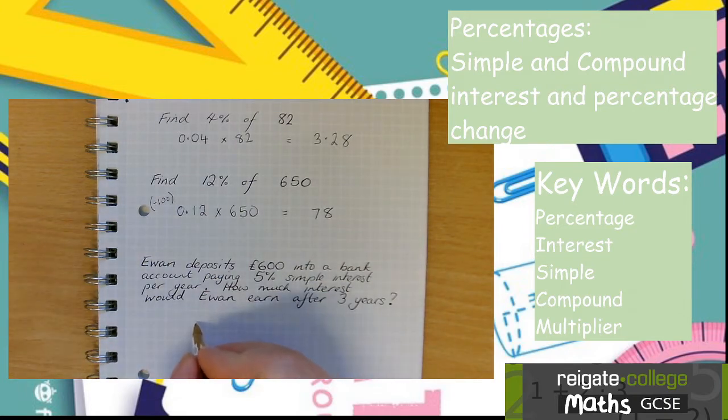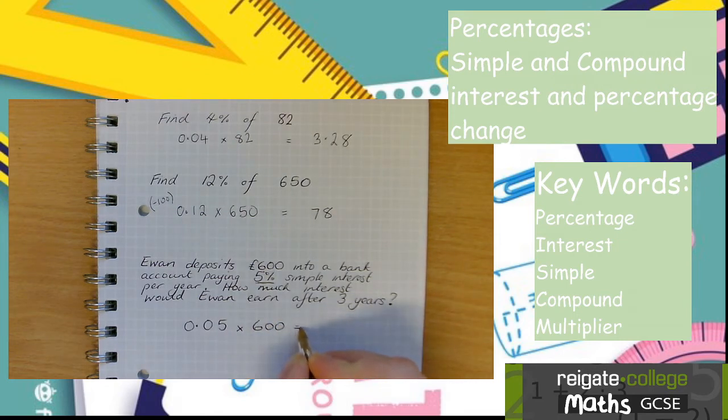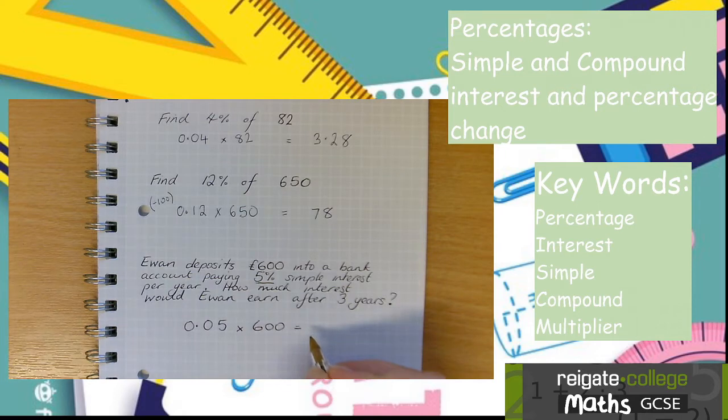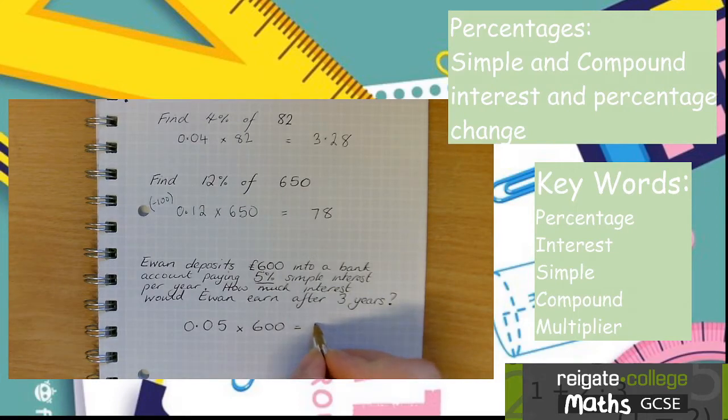We do that by changing our 5% to a decimal and multiply it by the £600 that Ewan has invested. Keying that into our calculator, it shows us that Ewan will earn £30 in 1 year.